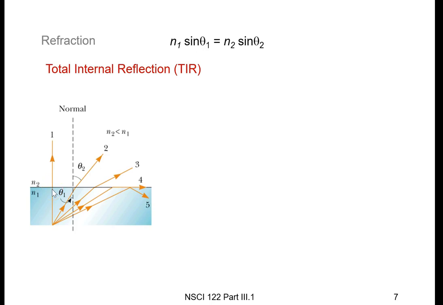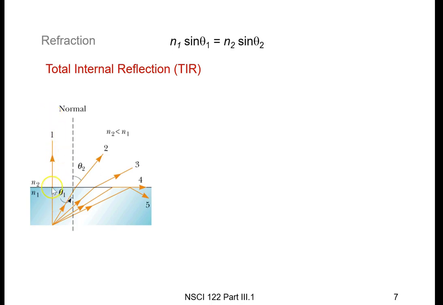Right? The 0 angle means the ray is right along the normal line. The sine of 0 is 0. So the only way you can satisfy Snell's law, the law of refraction, is if theta 2 is 0. And that's what you see right here for ray 1.